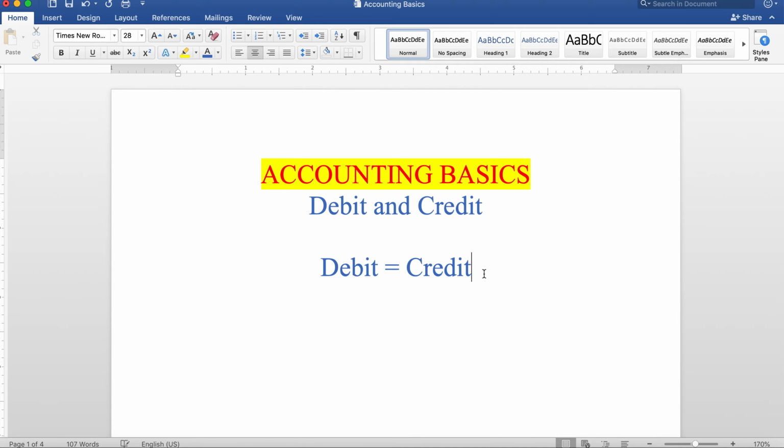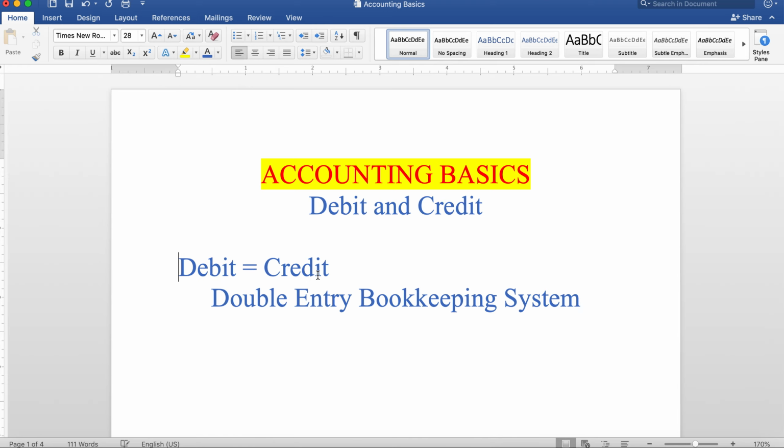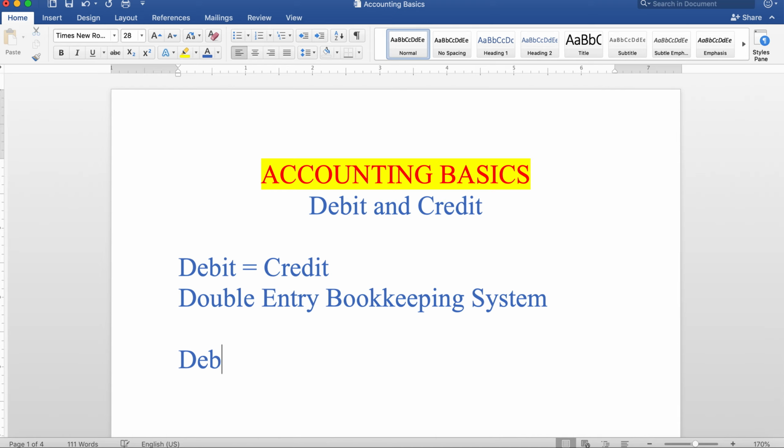It's also a double entry accounting system, a double entry bookkeeping accounting system. So it's very important to identify what is debit and what is credit.